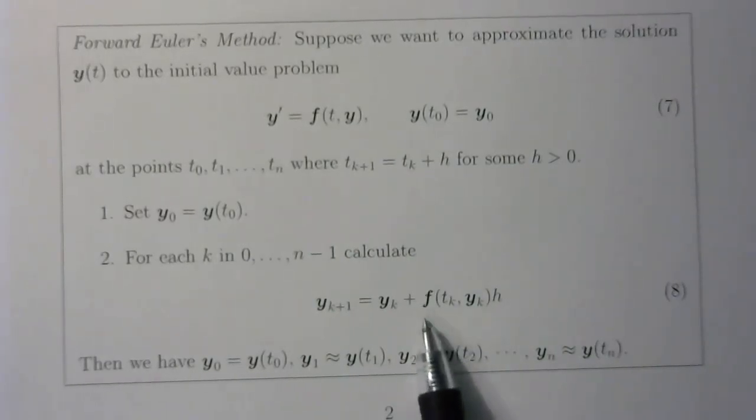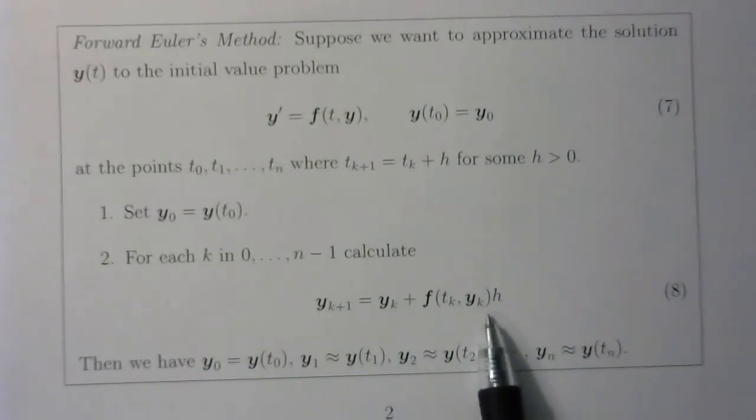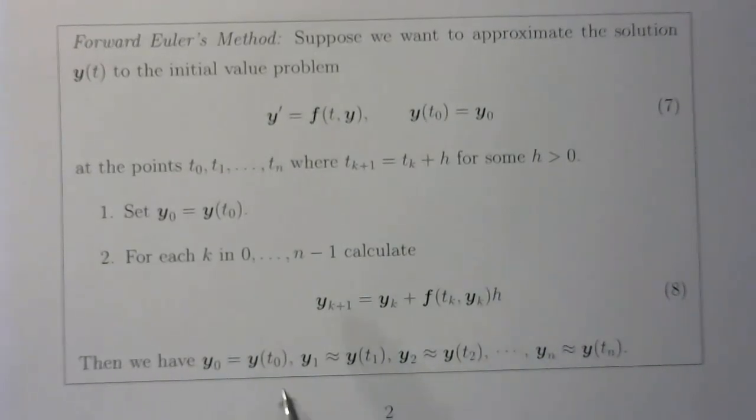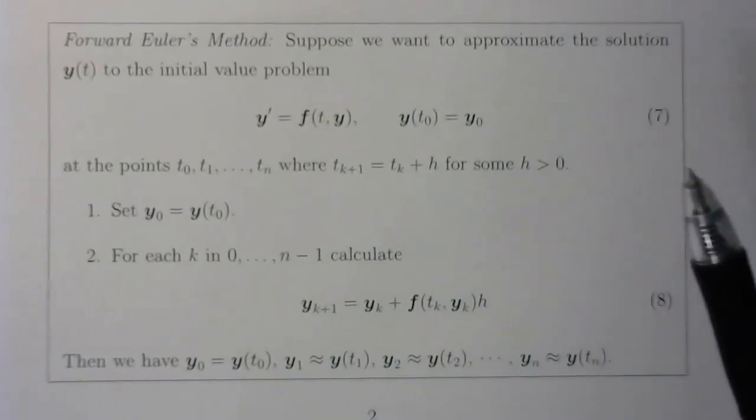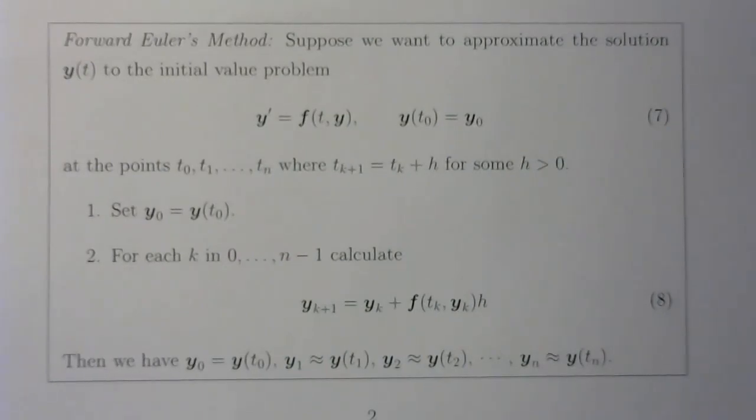So the functional value at time k and at yk times h, the width of the base of the rectangle.